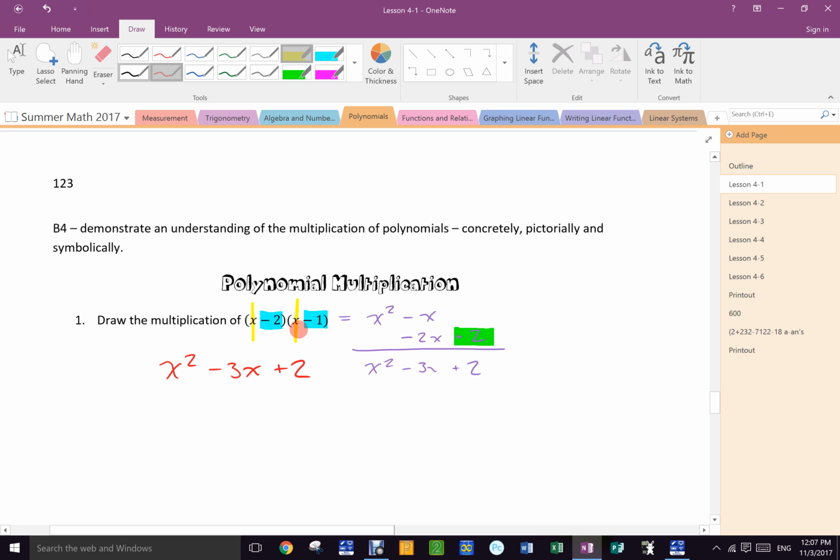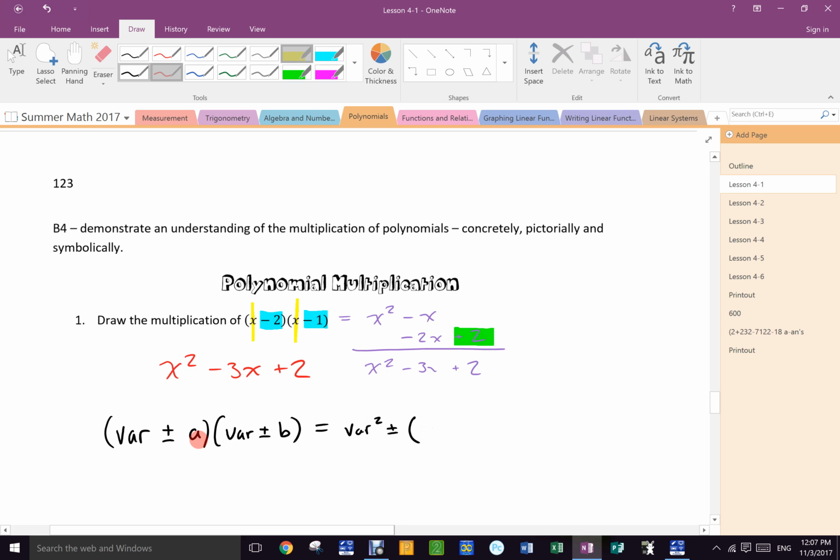If I start with a single letter, a variable, plus or minus any number, and I have that same variable, plus or minus any number, I know my answer is going to be the variable squared, and then this one is going to be plus or minus.